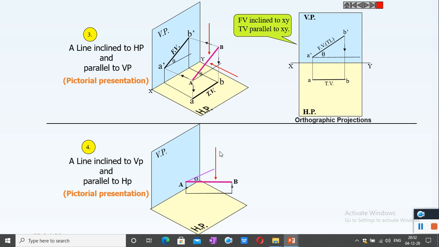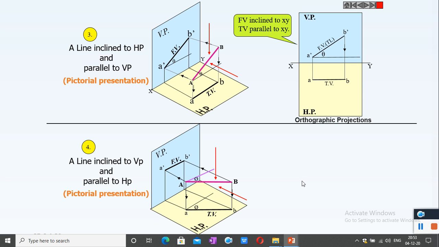First of all, we are drawing its top view. So point A, B, top view. Point A, B will be here and its front view is marked in this direction. Front view is A dash, B dash. This is the method of drawing the front view.